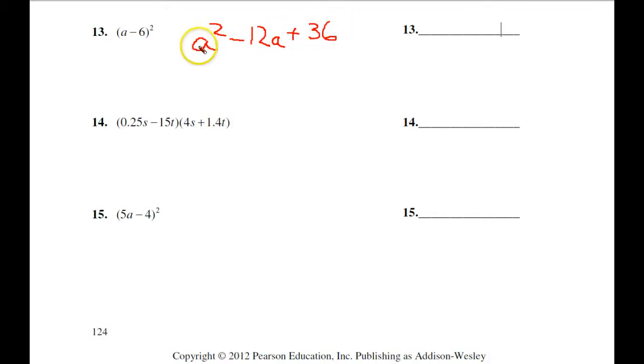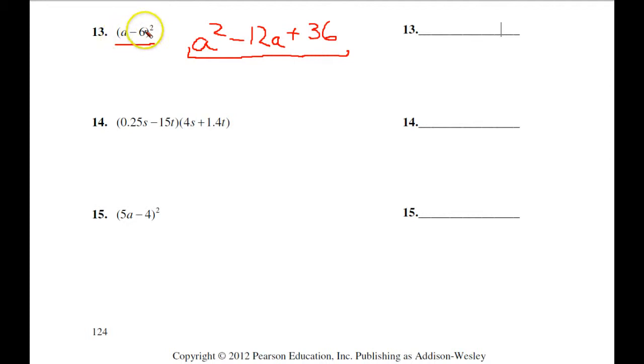Now, one of the words we had in our original matching was a perfect square trinomial. And that's what this is. This is a perfect square trinomial that came from squaring a binomial.